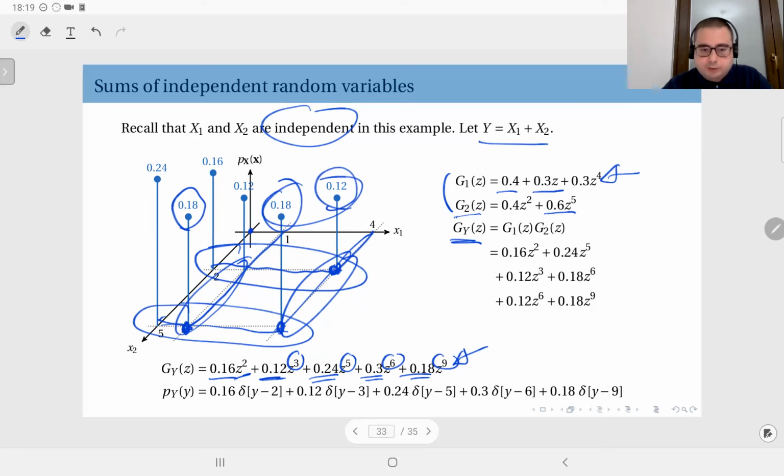These two pairs give you the sum of 6. Okay, and together you have 0.18, 0.12. You have a total of 0.3 probability, which appears here. Okay, so generating functions also lead to the generating function of the sum of the independent random variables.